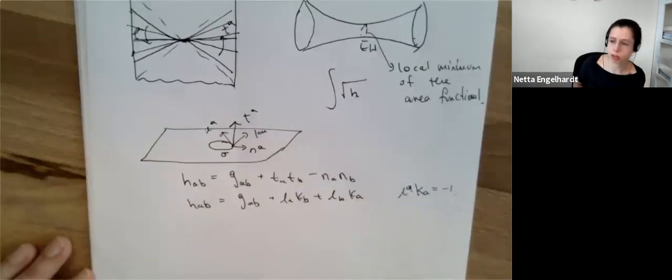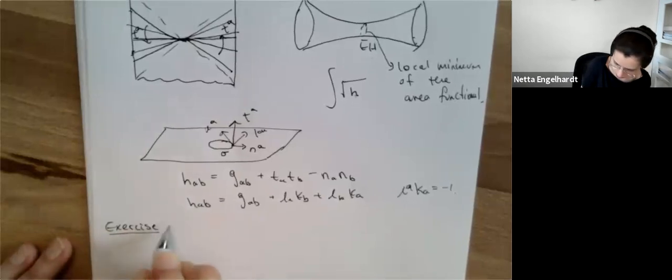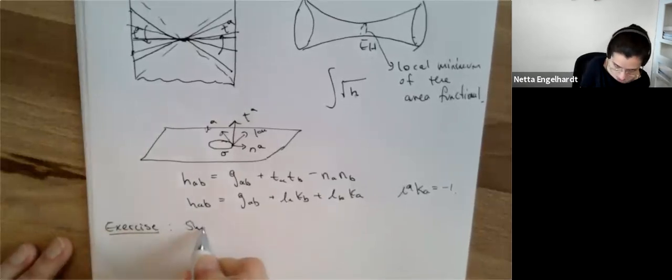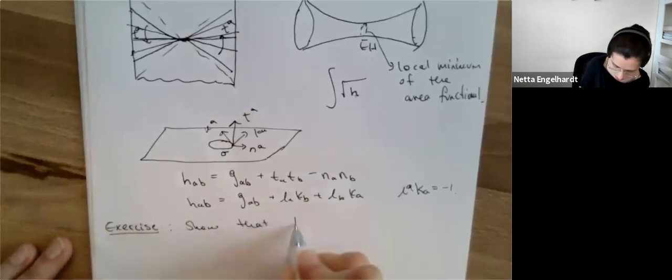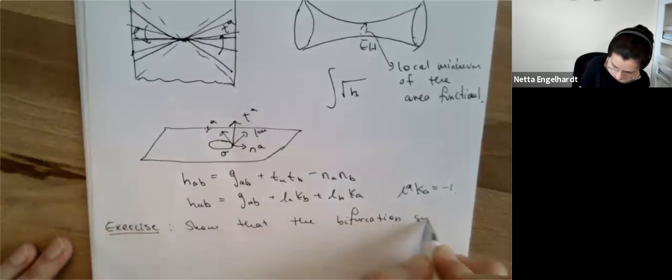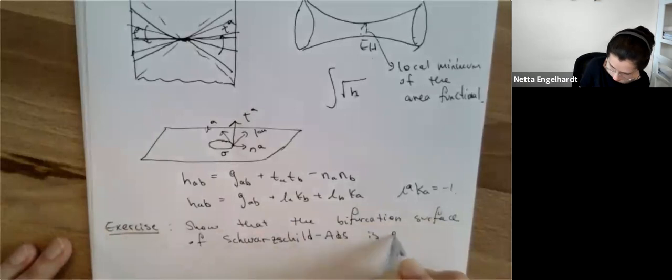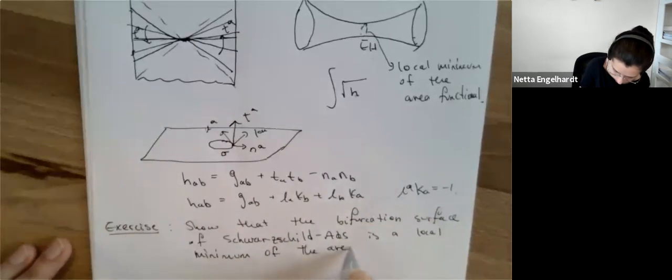So one suggested exercise is to show that the bifurcation surface of Schwarzschild AdS is a local minimum of the area on a static slice.